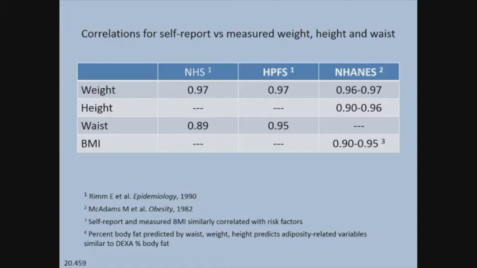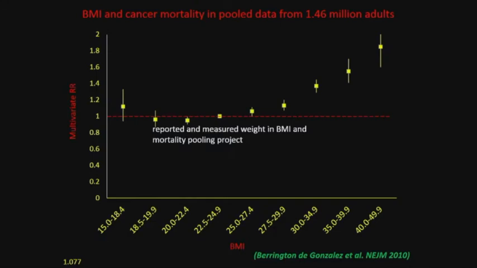And using NHANES data, we found that the correlations with risk factors like blood glucose levels and blood pressures were very similar to using the measured weight and height, just as David had said for mortality.